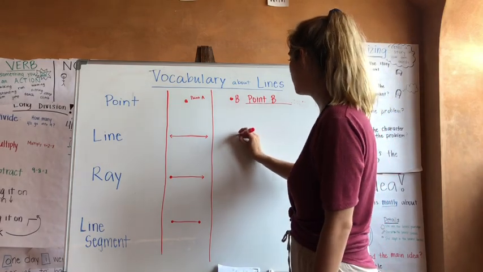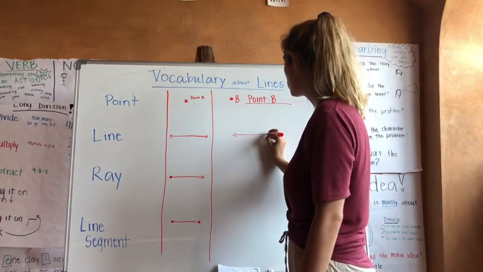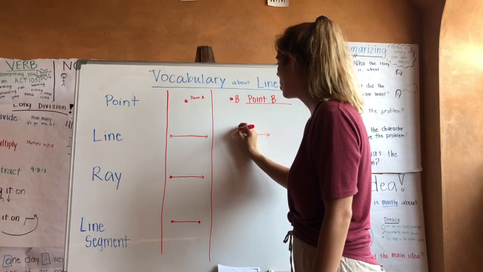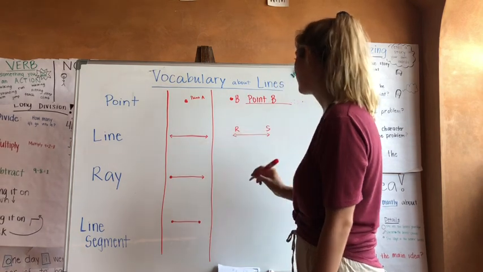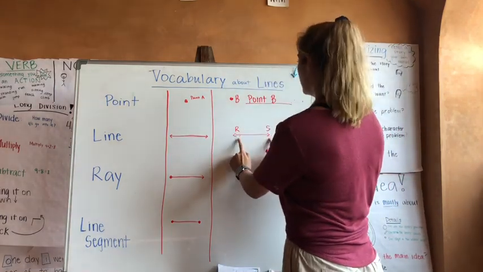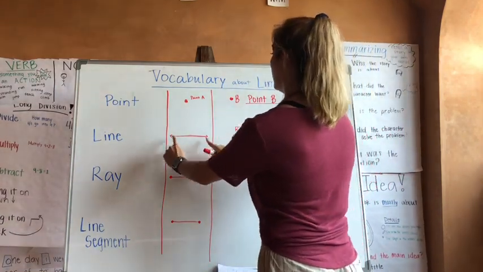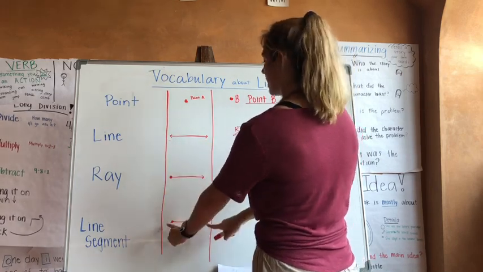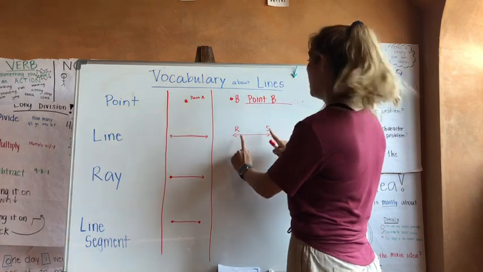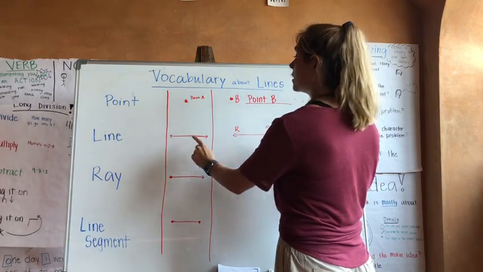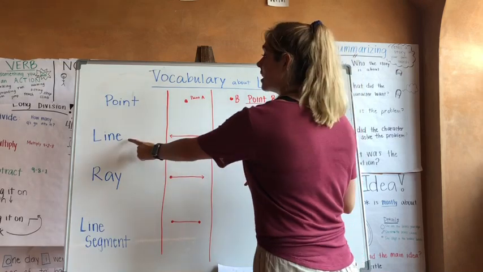Okay, let's try a line. If you saw something like this on your page and it's labeled RS, let's take a look over here. Does it look like a line? Does it look like a ray? Or does it look like a line segment? Well, I know that it has two arrows going both ways. So I know that it is a line.